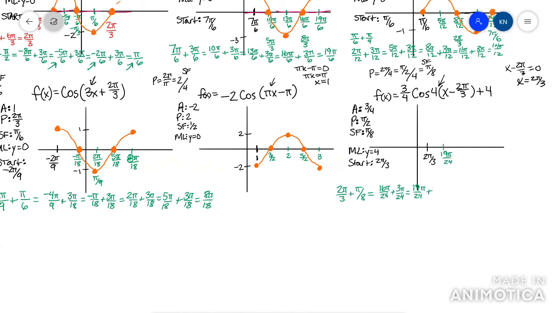And do it again. So now it's 22 pi over 24. Again, which by the way, that's 11 pi over 12. So I get 25 pi over 24.